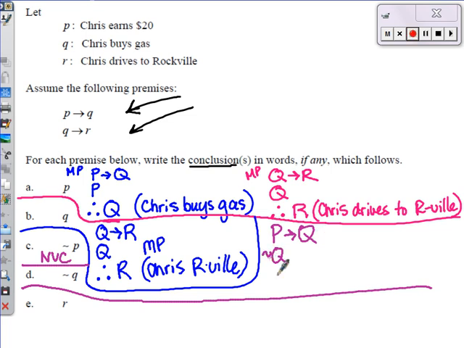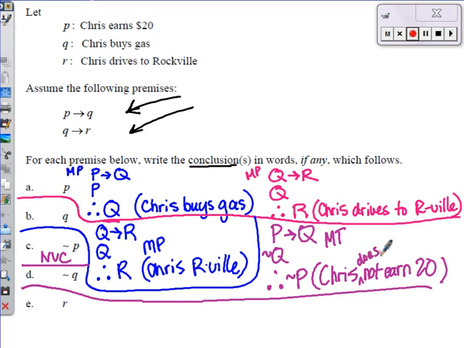You didn't party, so I can conclude that you must not have cleaned. This is based on modus tollens, which means the conclusion is negated. Therefore, you can assume that the premise is also negated. Not P stands for Chris does not earn $20.